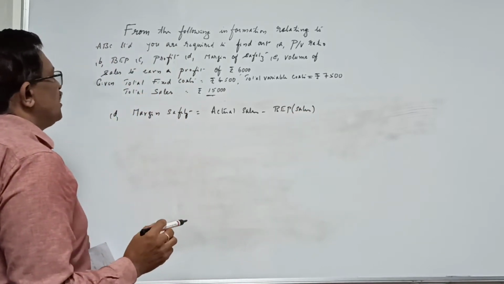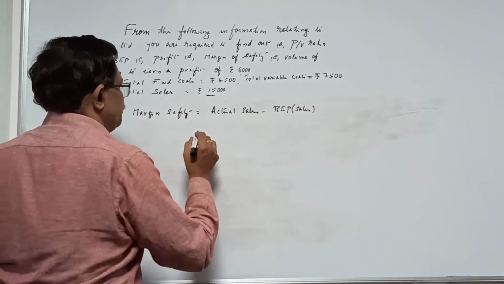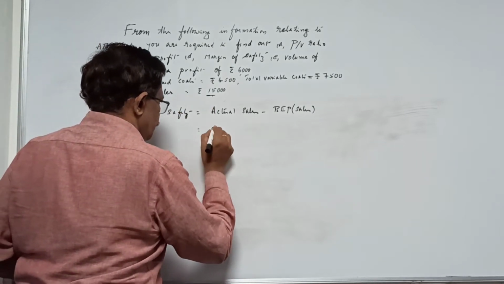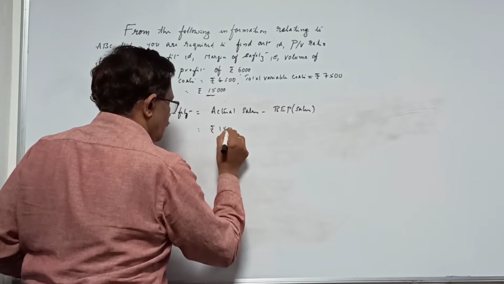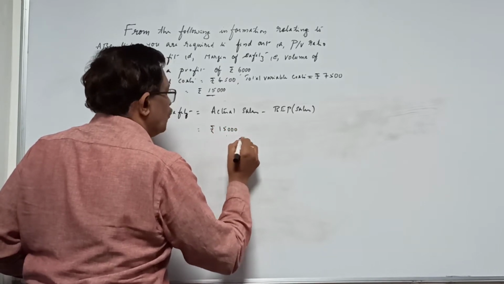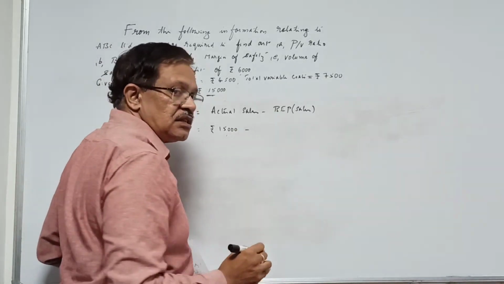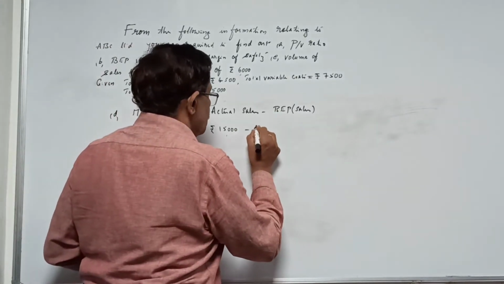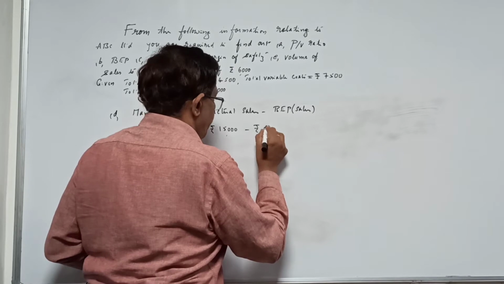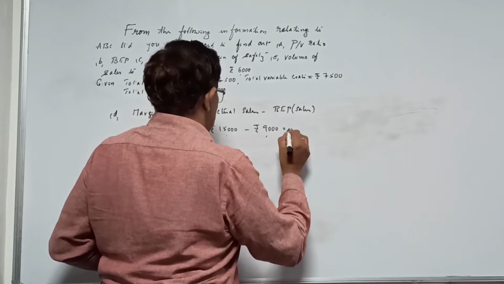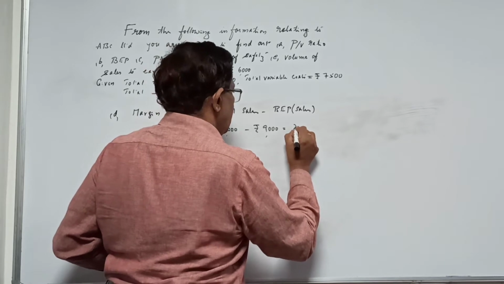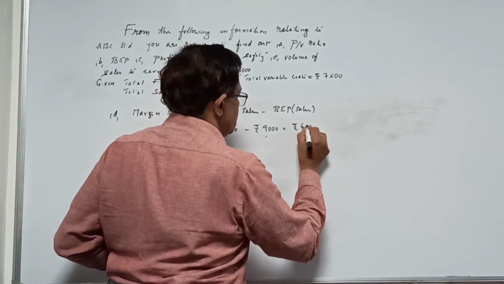The actual sales were 15,000. And we have got break-even sales as rupees 9,000. Then the margin of safety will be rupees 6,000.